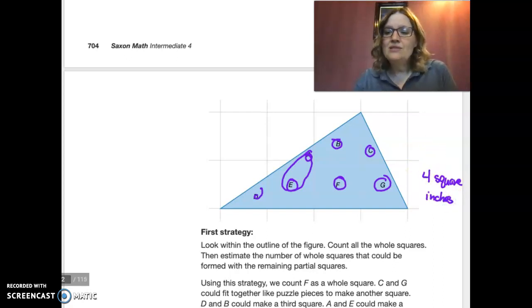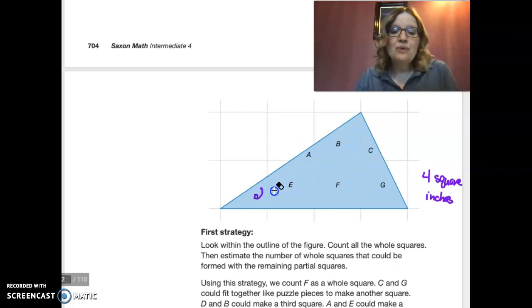Now I'm going to erase again, and we're going to go another way to look at this. Both give us, we want to get as close of an estimate as we can, but because it's just an estimate, it gives us a little bit of wiggle room.